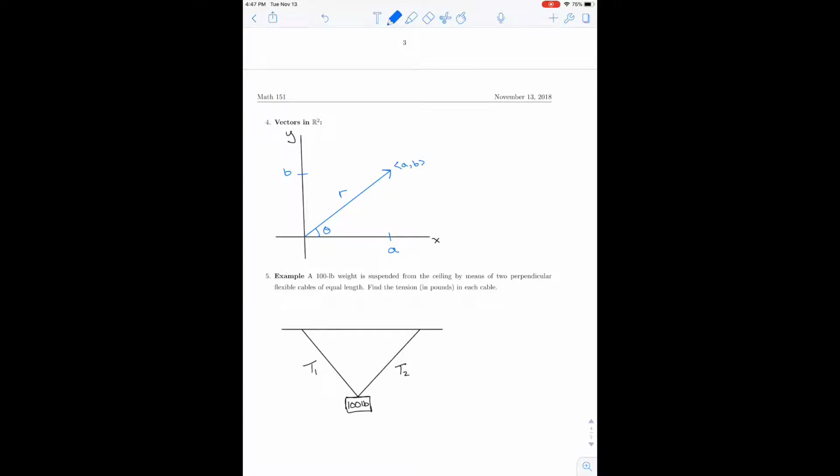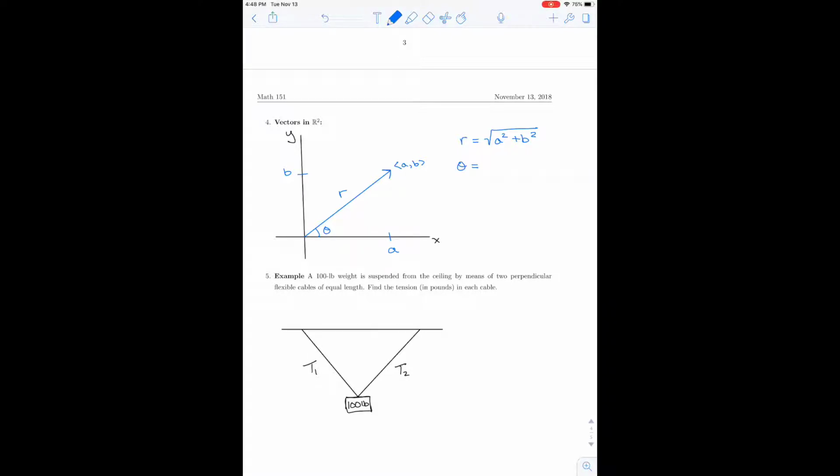Now that distance r should be easy to figure out using the Pythagorean theorem, the distance formula, or just the formula for the magnitude of the vector A, B. We see that that distance is the square root of a squared plus b squared.